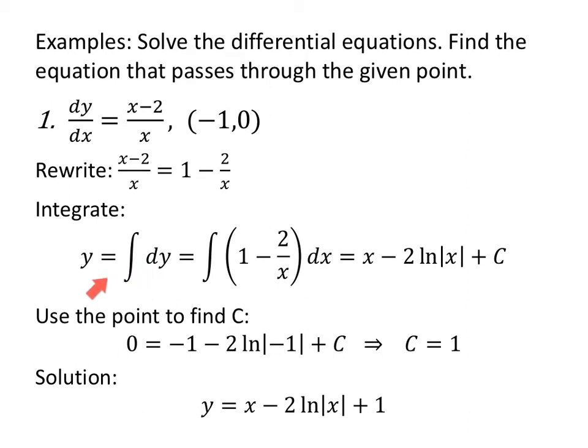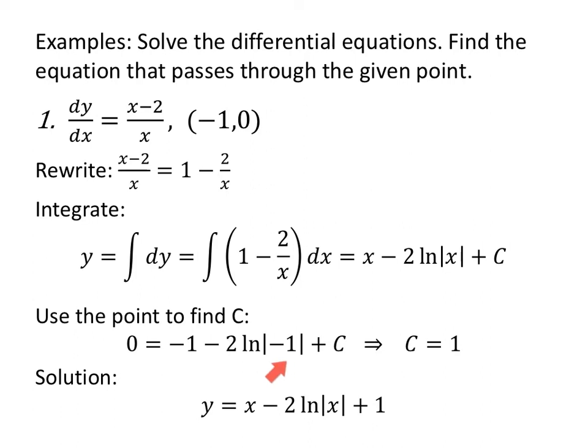The integral dy gives me y. The integral of 1 gives me x, minus 2 is a coefficient. The integral of 1 over x dx is natural log absolute value of x plus c. So I know y equals x minus 2 natural log absolute value of x plus c. I'm given a particular point when x is negative 1, y is 0. So substitute a y value of 0, x value of negative 1.